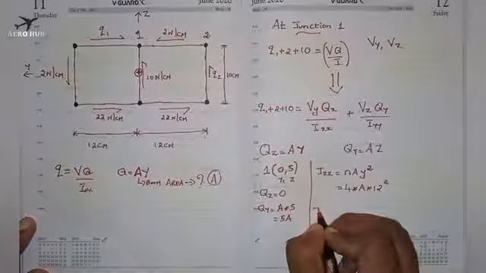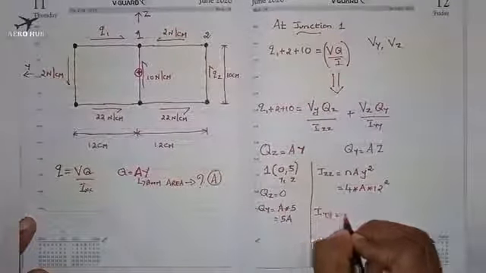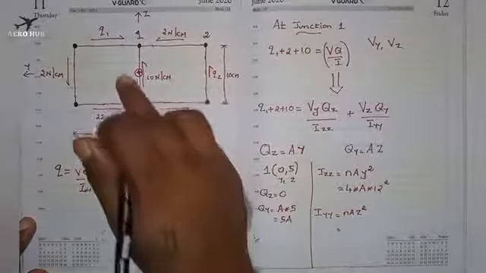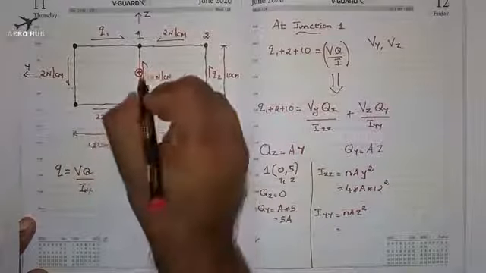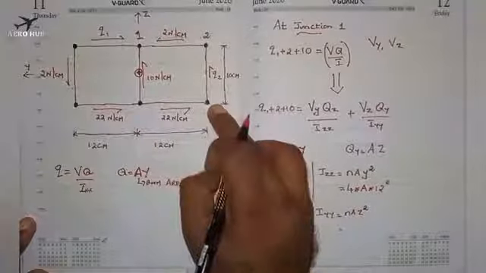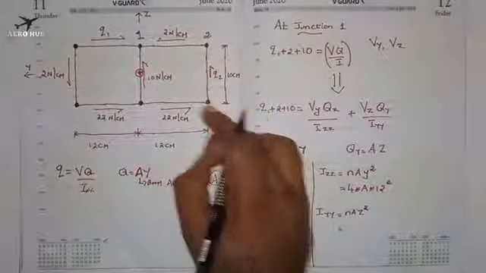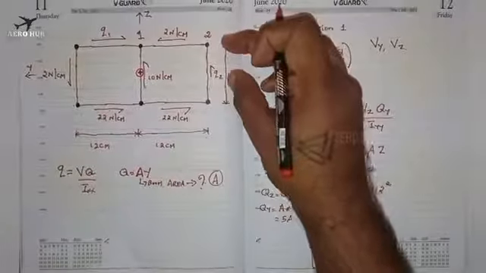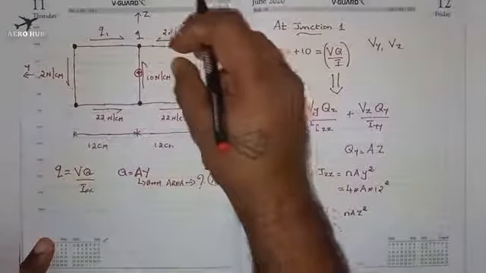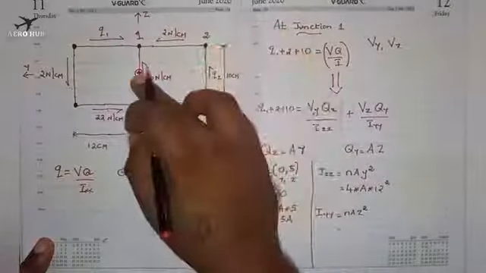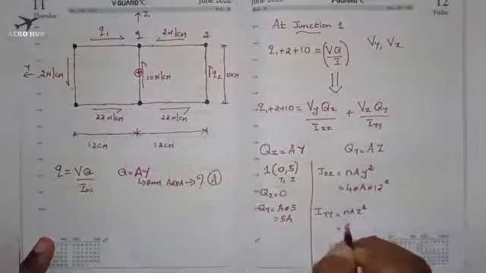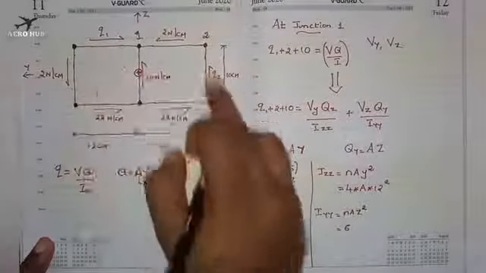Similarly, Iyy is equal to n into A z square. In the case of z square, we have 6 booms at a distance of 5 centimeter from the centroid: 1, 2, 3, 4, 5, 6.